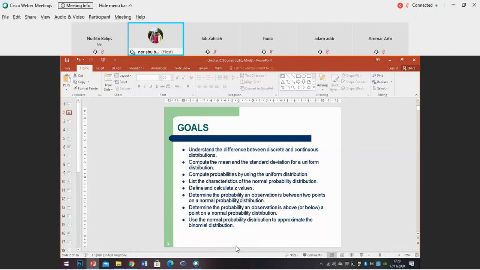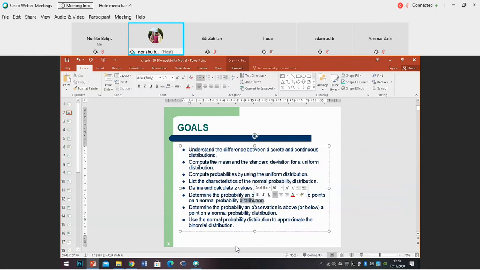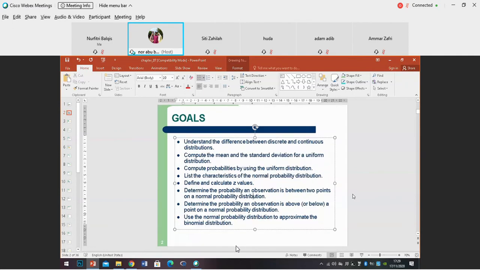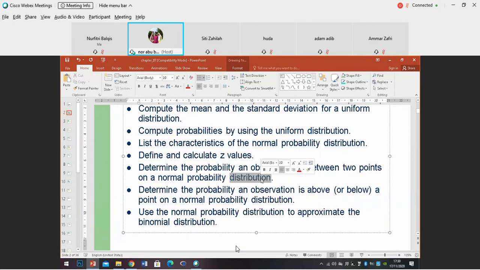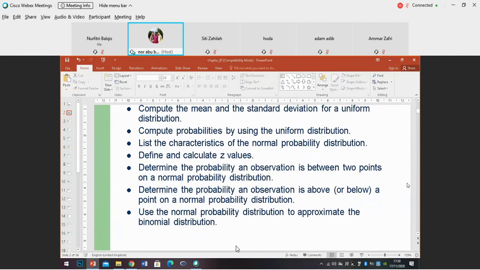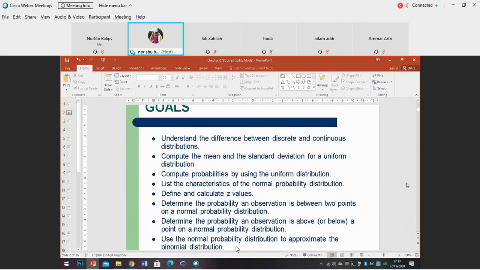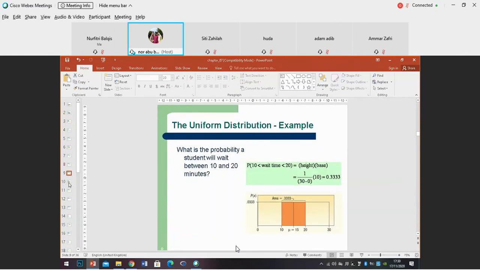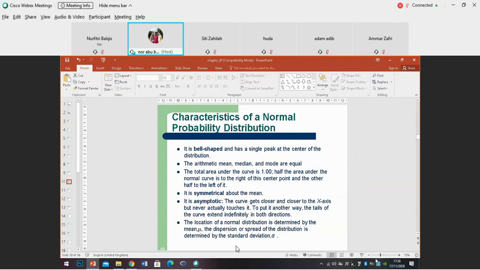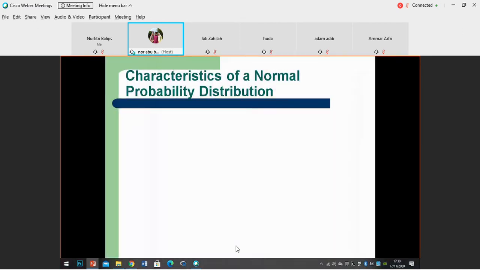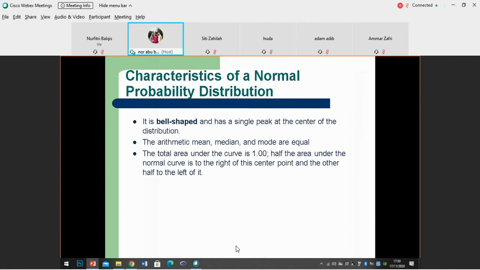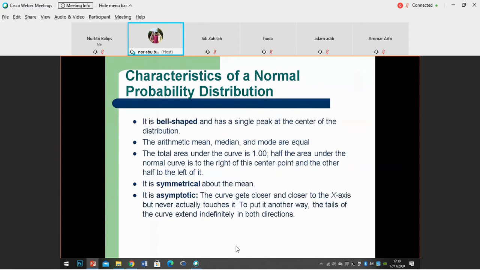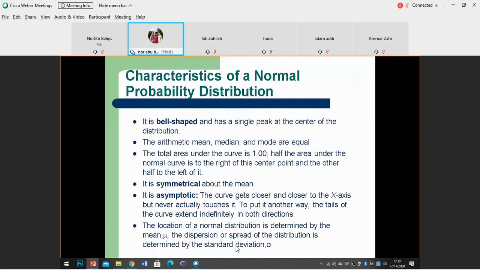Bila sebut distribution, it refers to a table. When it says normal probability distribution, it refers to a table. Jadi sebelum kita tengok table tu, kita kena faham dulu characteristic of normal probability distribution. So this is what you have as the characteristics of a normal probability distribution.